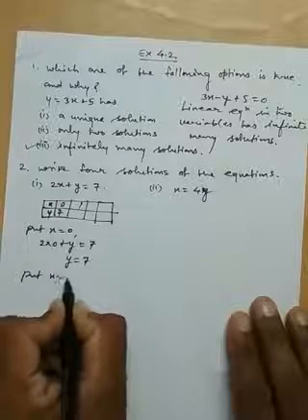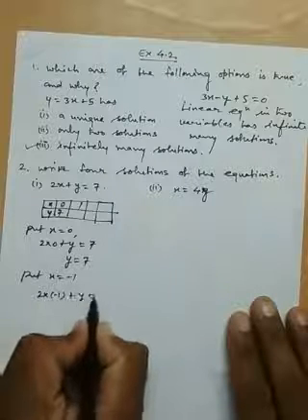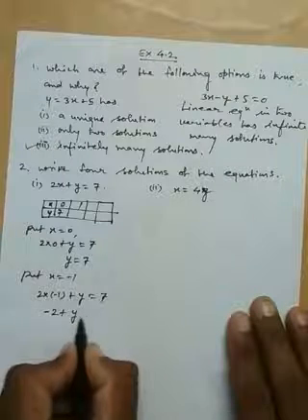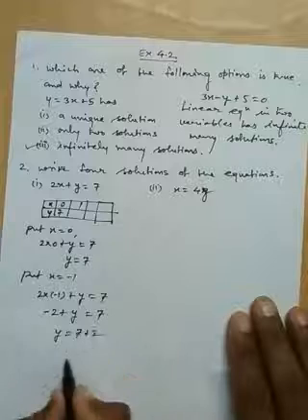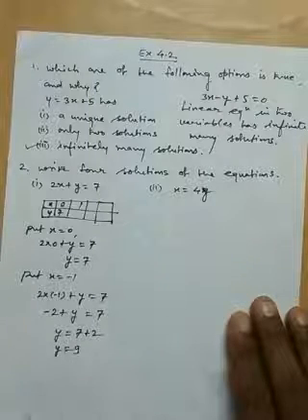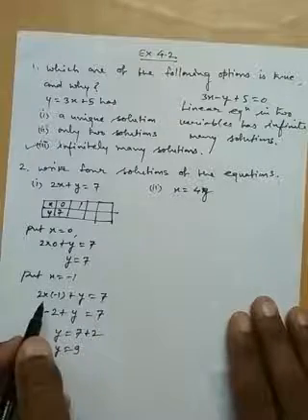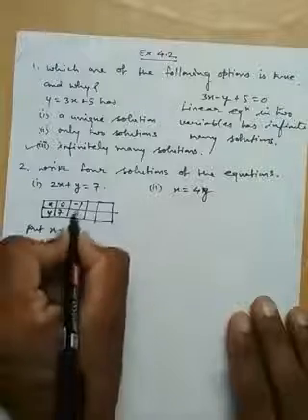Put x equal to minus 1. Then 2 into minus 1 plus y equal to 7. 2 into minus 1 is minus 2, plus y equal to 7, and y equal to 7 plus 2, so y equal to 9. For x equal to minus 1, y equal to 9.